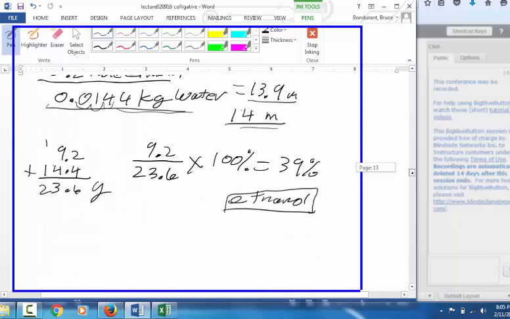Then we first add the two together to get the total grams, put the ethanol over the total grams, multiply by 100, and that gives you the percent. So it's really just following the units.